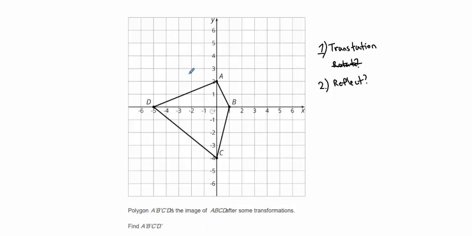So if we're going to talk about the translation, how far up or down does it translate? Well, it translates 2 units up. How far left or right does it translate? It translates 3 units to the right.